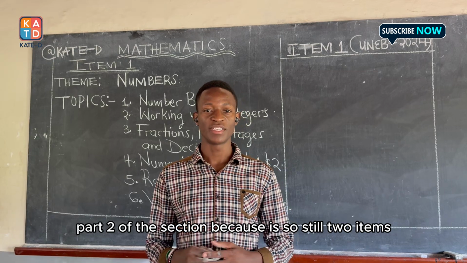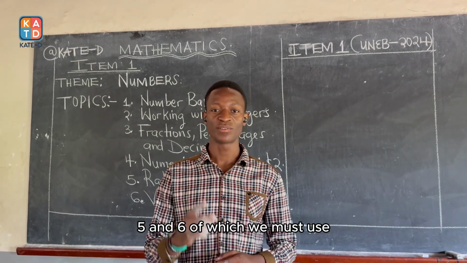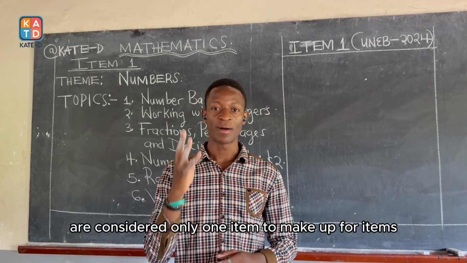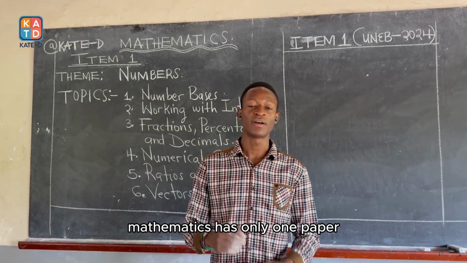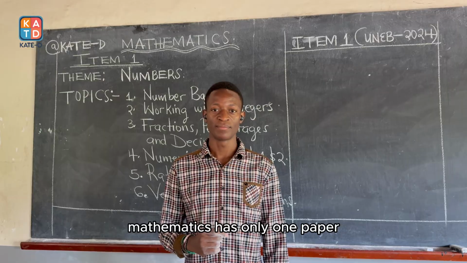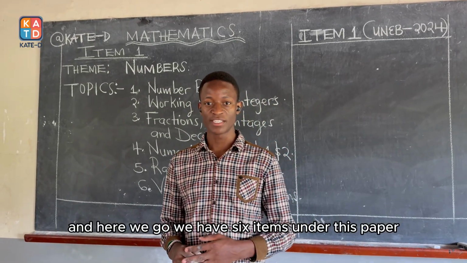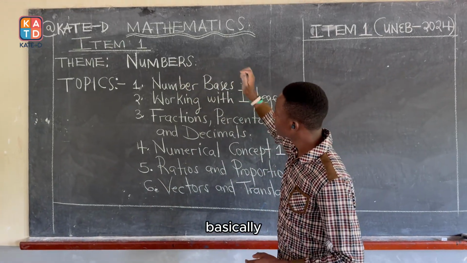Part 2 of Section B consists of still 2 items, 5 and 6, of which we must consider only 1 item to make up 4 items. So under this new curriculum, mathematics has only 1 paper. And here we go. We have 6 items under this paper, and we are looking at mathematics basically.